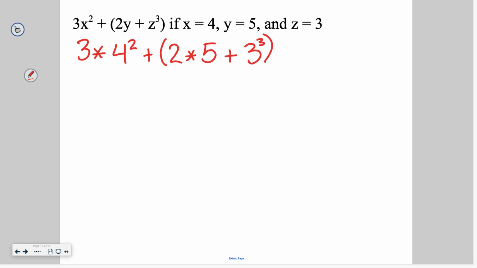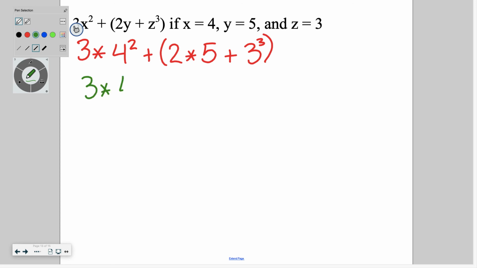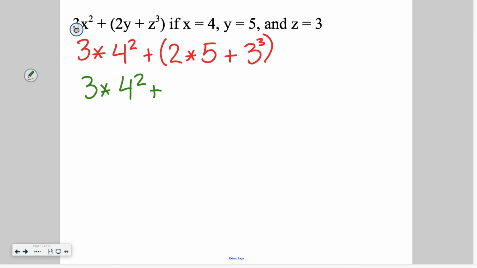After you plug that in, you're going to go ahead and solve using PEMDAS. So working inside my parentheses first. 3 times 4 to the second power stays put. Plus, inside the parentheses, exponents come first. So we got 2 times 5 plus 3 to the third power. 3 times 3 times 3 is 27.